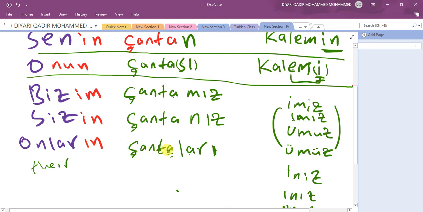Onların çantaları. This because of this, and this lar is because of this A. Look, this lar is selected because of this A. And since A and L are not vowels together, this L is not a vowel, so directly we put it next to each other, without any problem.